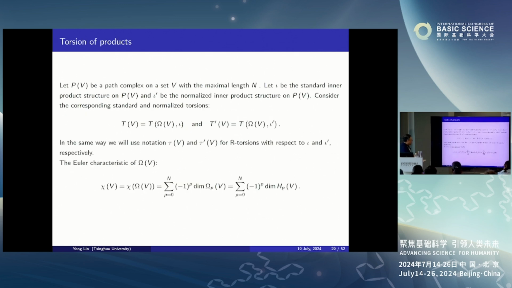Then, using this, we also need a definition for the Euler characteristic of this Omega space. This is the definition of the Euler characteristic: the signed sum of the dimensions of Omega_p, which is also equal to the signed sum of the dimensions of the homology groups H_p.